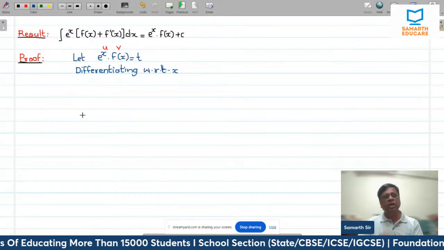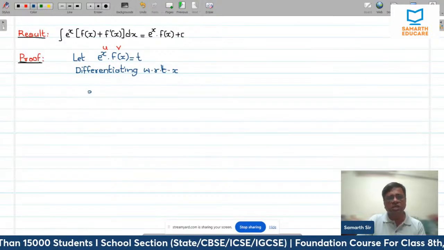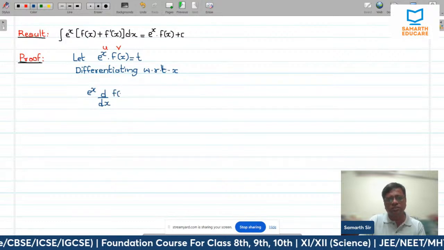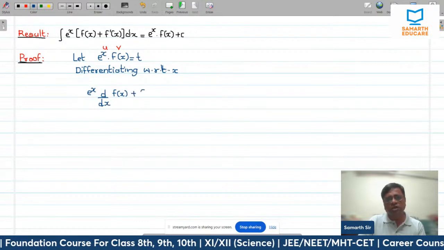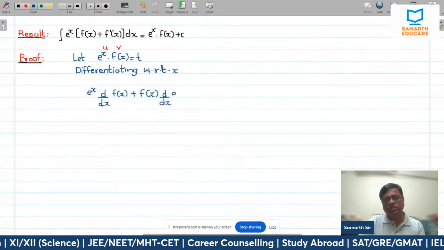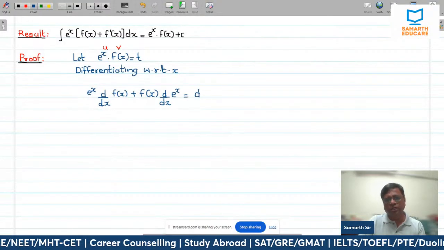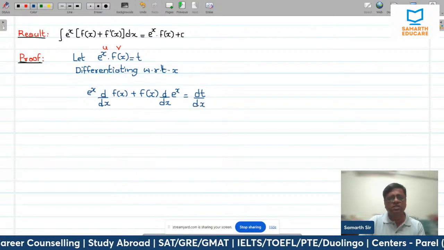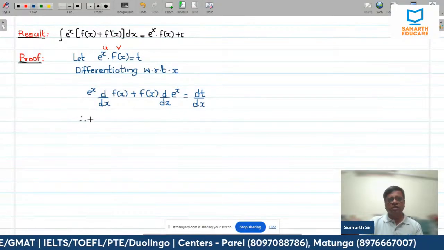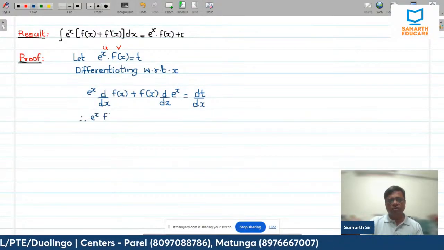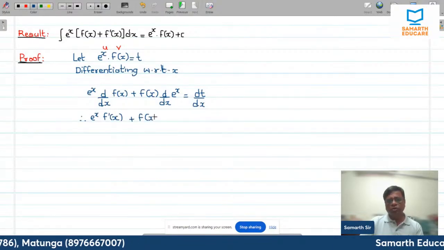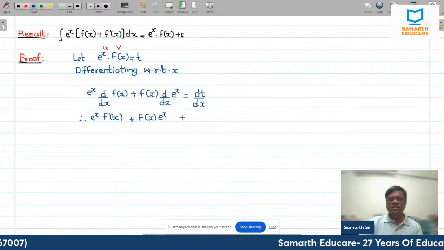How does u into v work? u into derivative of v, that means e raised to x into derivative of f of x plus f of x into derivative of e raised to x is equal to the derivative of t with respect to x, right? And now derivative of f of x is nothing but f dash of x, plus f of x into derivative of e raised to x is e raised to x.